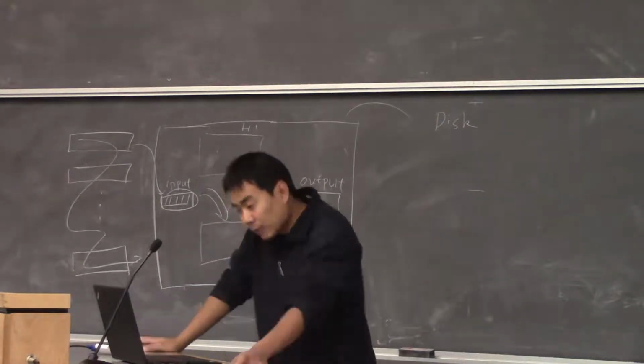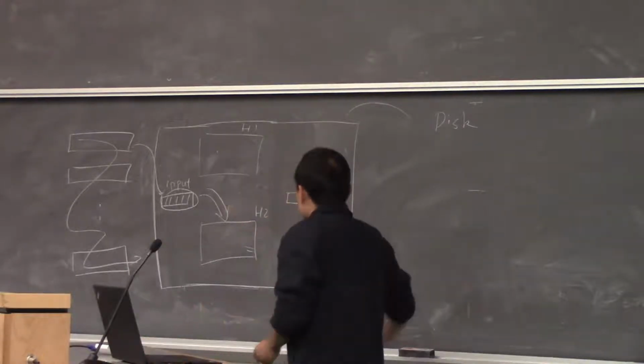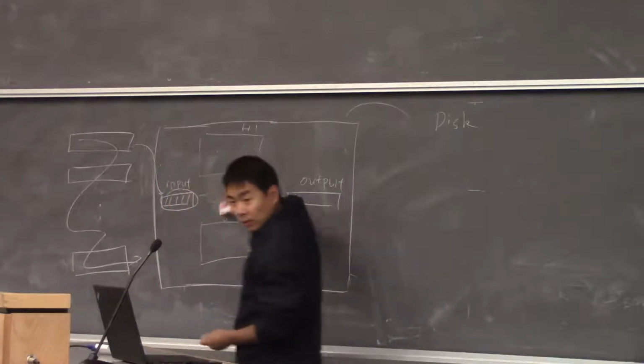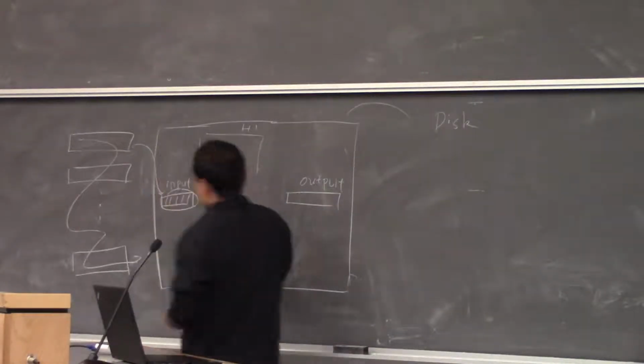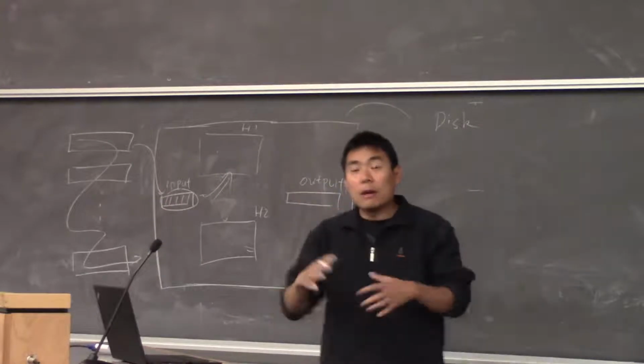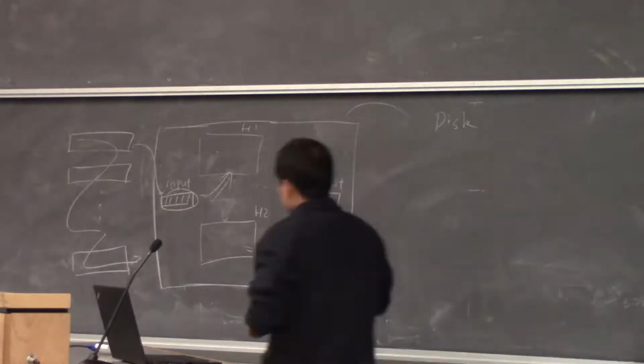Let me make sure I'm consistent with the slides here. I think you load them into H1. Yes. You load them into the H1 heap. By loading them into the H1 heap, what happens? They are sorted. Right?